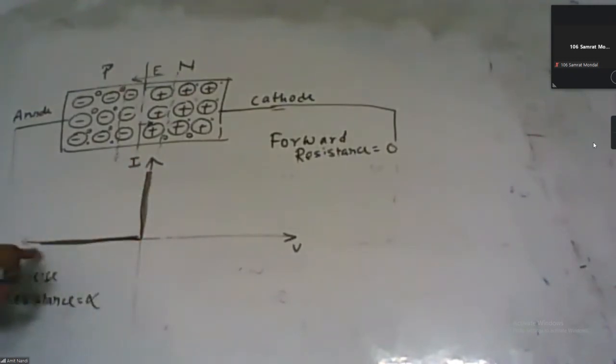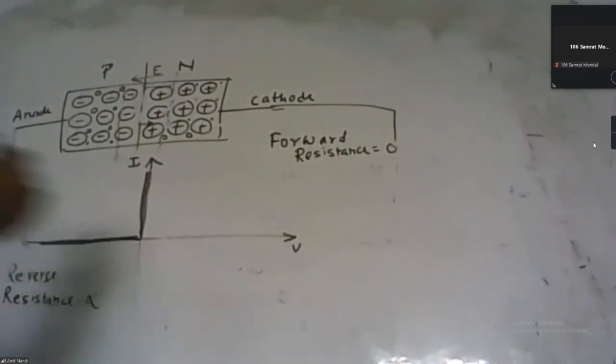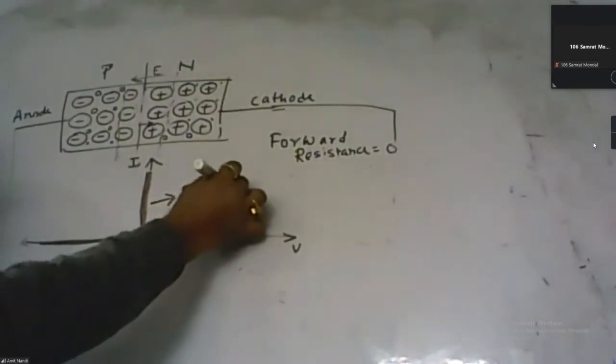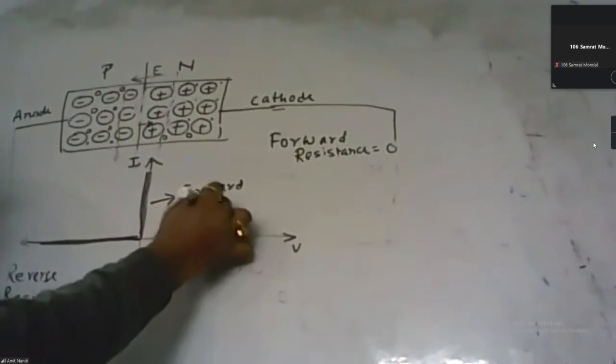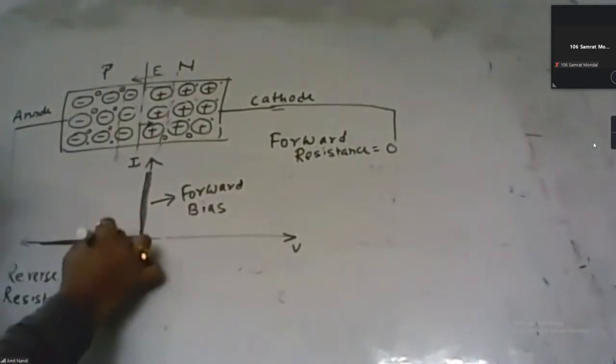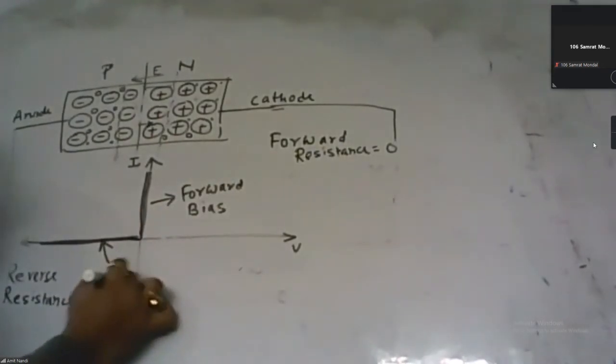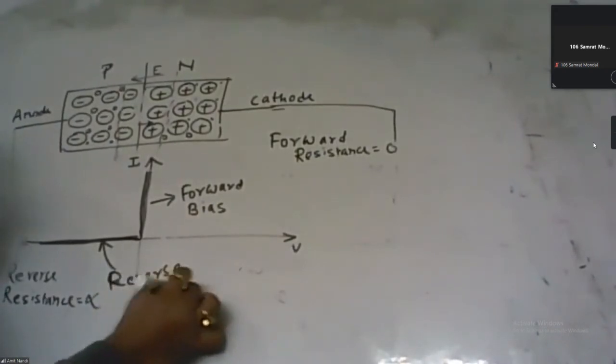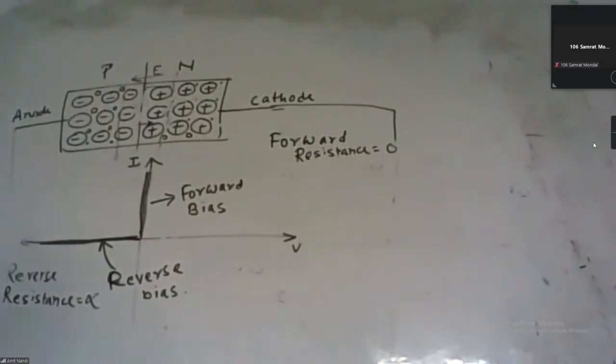These are the characteristics curve under the forward bias condition, and that is the characteristics curve under the reverse bias condition. Okay, so these are the VI characteristics curve of the ideal diode.